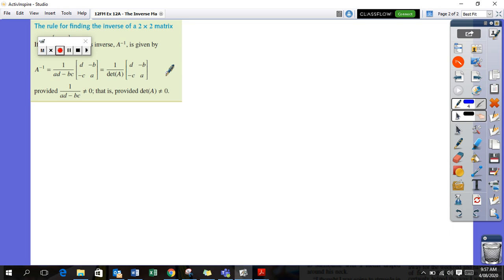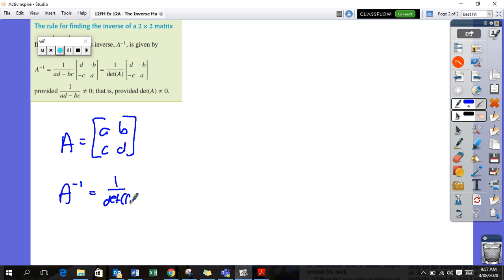What we're going to do is say that if A is the matrix with entries a, b, c, d, then A to the minus 1 is 1 over the determinant of A. Pretty much what that means is we're going to divide all the numbers in the matrix by the determinant of A.